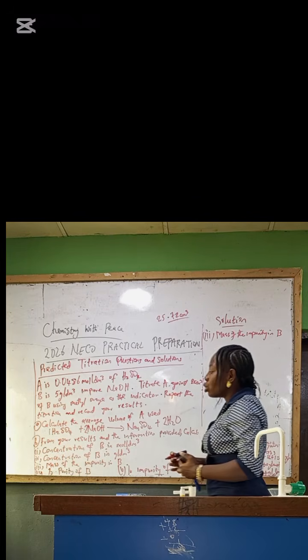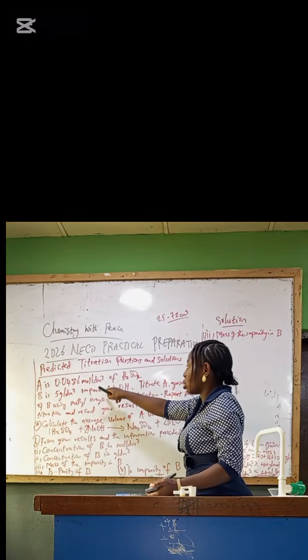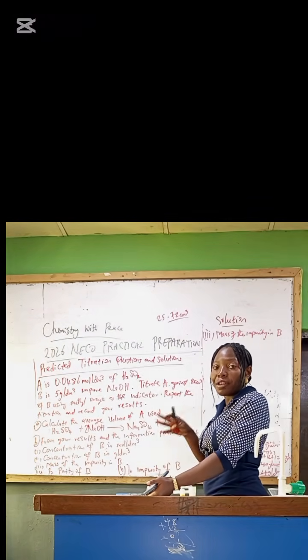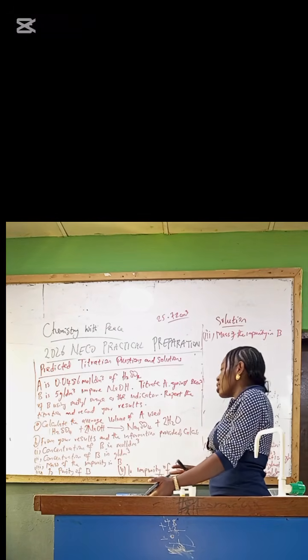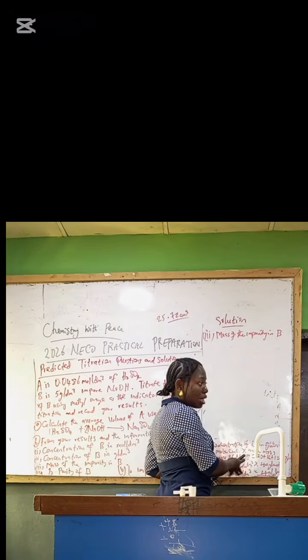We are going to use the mass of the impure sodium hydroxide and subtract the mass of the pure sodium hydroxide. The mass of the pure sodium hydroxide is what we just got now as the mass concentration of sample B.